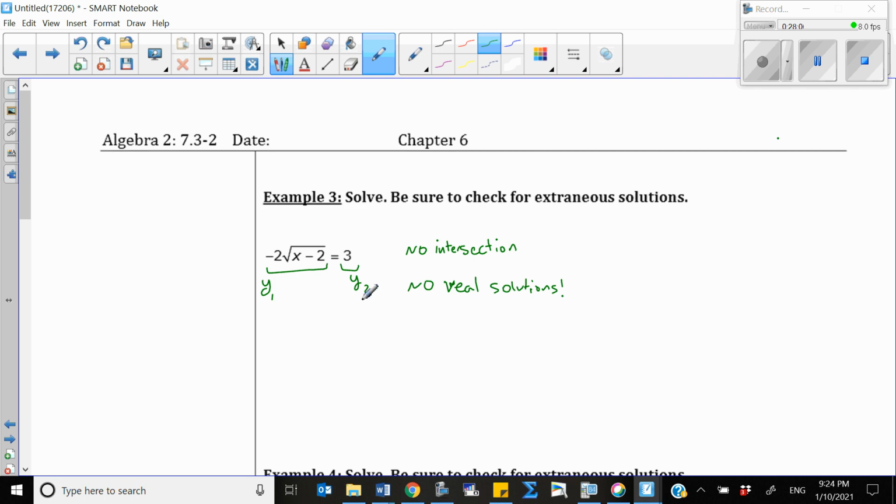Okay, so we graph the functions, and I noticed that in the graph, the two graphs are not going to cross each other. That means there's no solution.